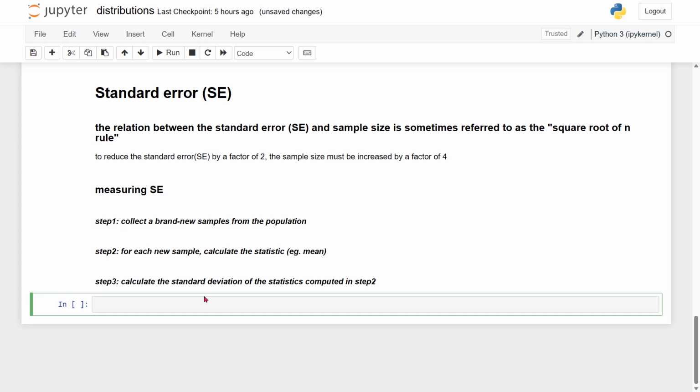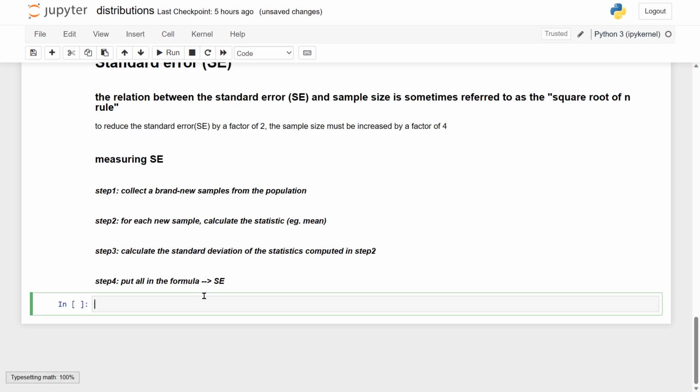Then finally use this as your estimate of standard error. So step 4, put it all in the formula, and then measure SE, standard error. So this is what is called standard error.